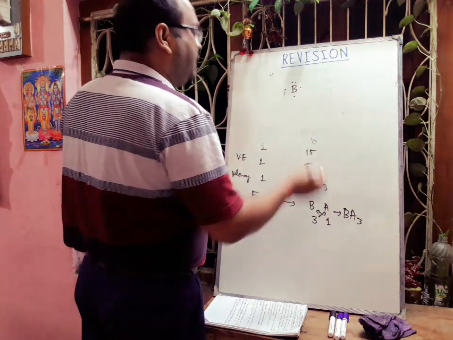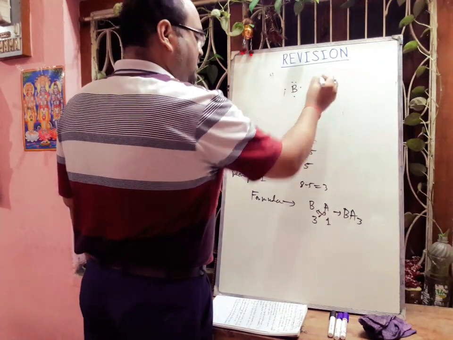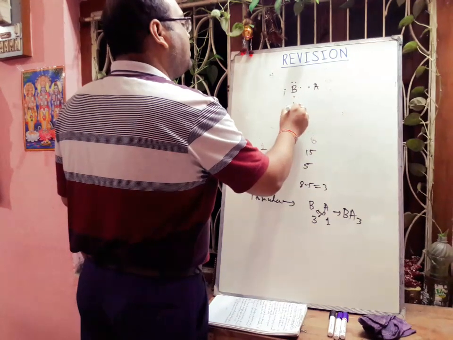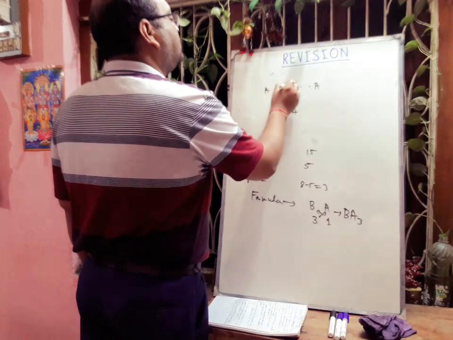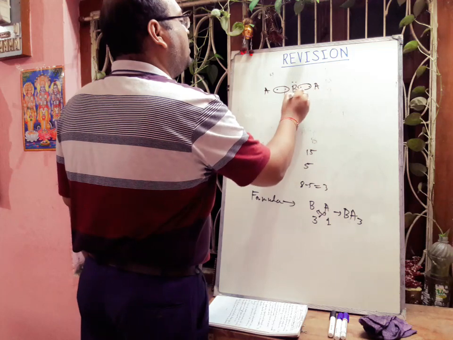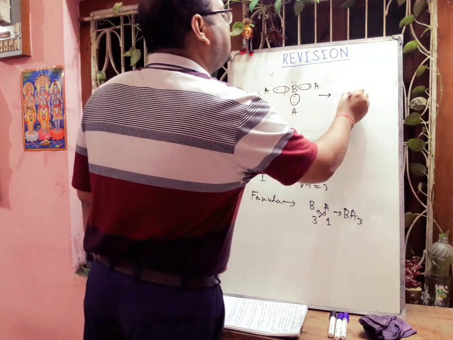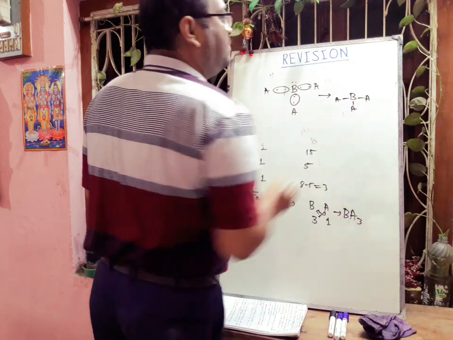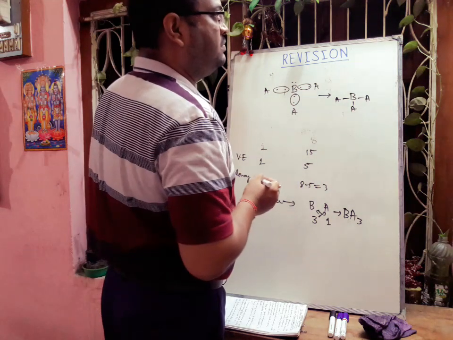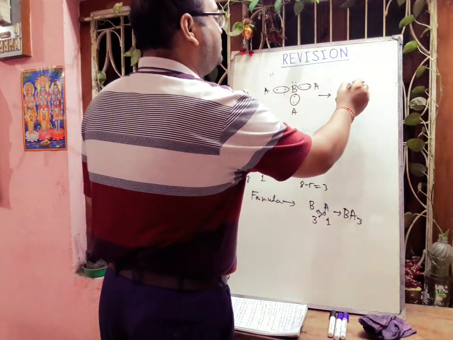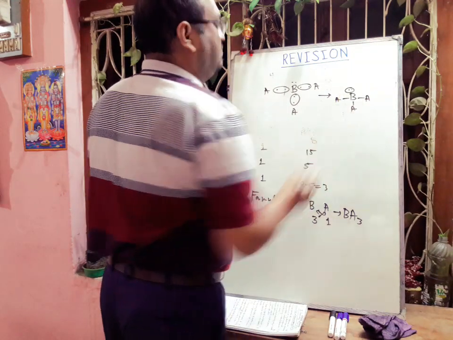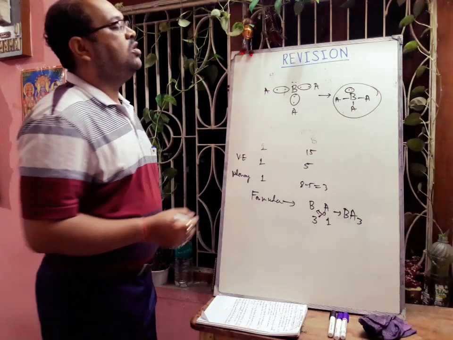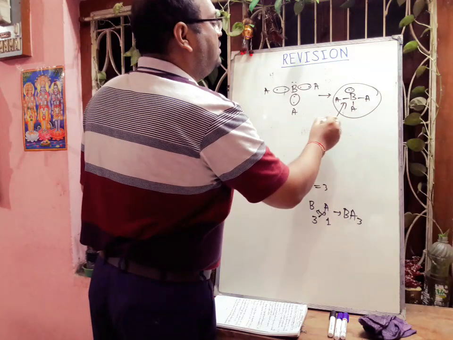The next is A, which contains 1 valence electron. So definitely that will be a covalent compound. The structure of the BA3 compound is this. So all bonds are covalent.